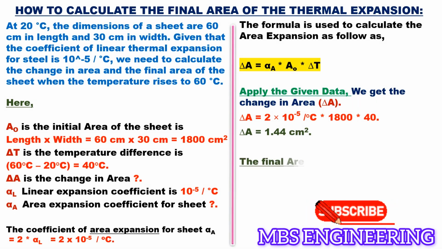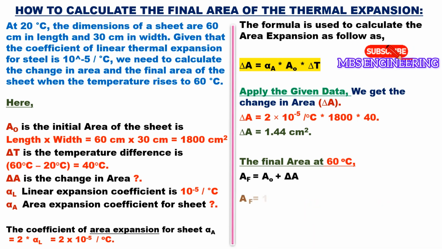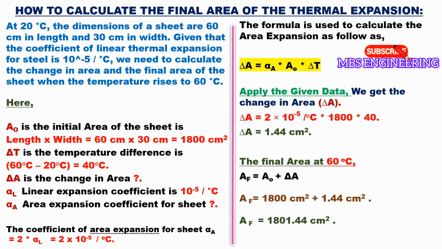Next, we need to calculate the final area at 60 degrees Celsius. The final area is equal to the initial area A0 plus the change in area delta A. So, the final area is 1800 centimeters square plus 1.44 centimeters square. Therefore, the final area AF at 60 degrees Celsius is 1801.44 centimeters square.